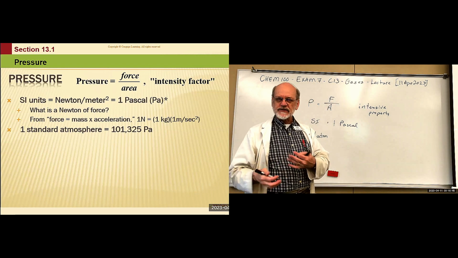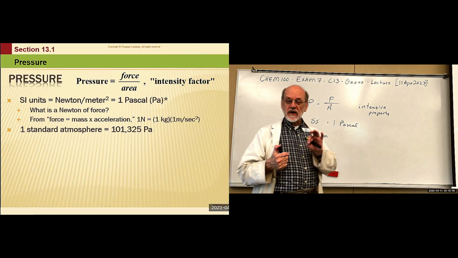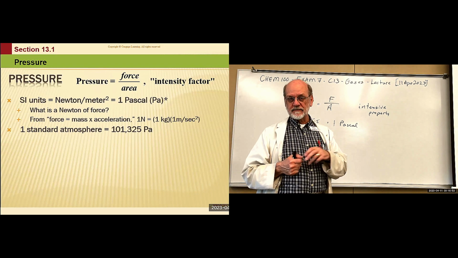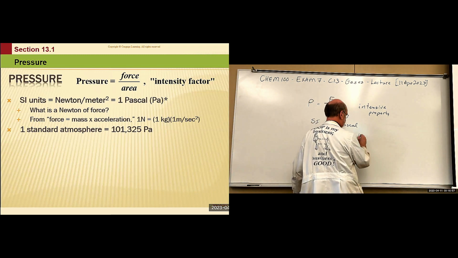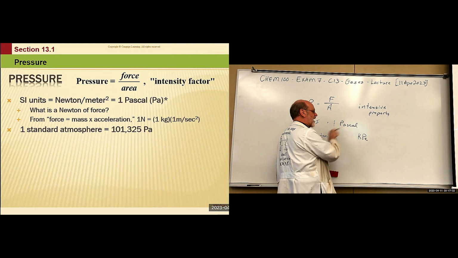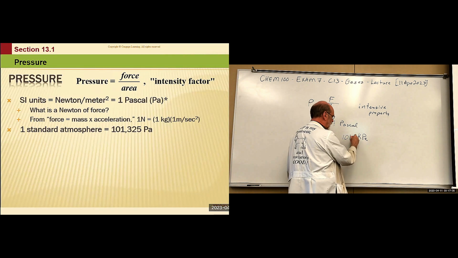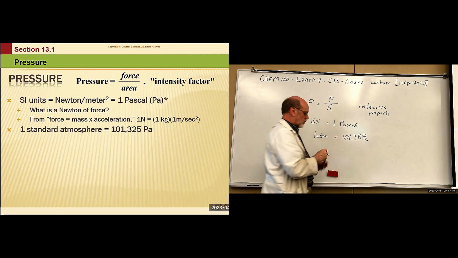And it's standardized in such a way now that we know that one standard atmosphere is equal to 101,325 pascals. Or we could say kilopascals. So 1 kilopascal is 1,000 pascals. So 101.3 kilopascals is equal to 1 atmosphere.